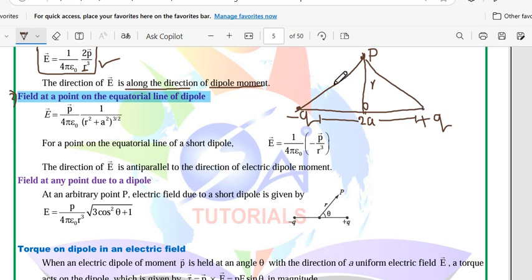This is the diagrammatic representation for the field at a point on the equatorial line of a dipole. If you consider the equatorial line, the angle made perpendicular to this axis will become theta, and this is also theta.